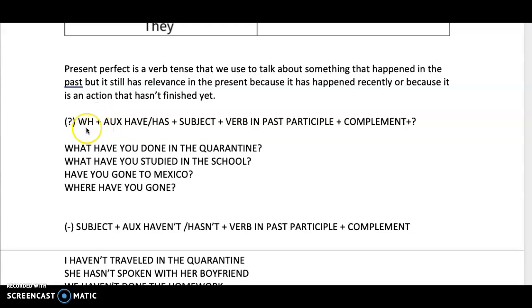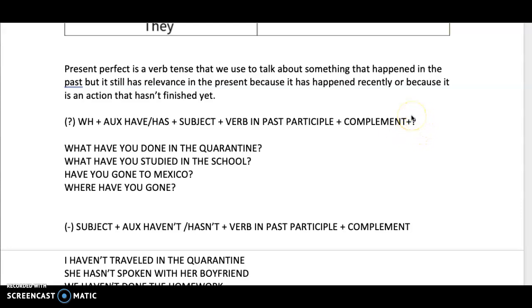So we have the WH question, then the auxiliary has or have, then the subject, then the verb in past participle. This is a totally different verb from simple past. Okay, so you need to study and remember the verbs in past participle. Then we have the complement and always remember the question mark.